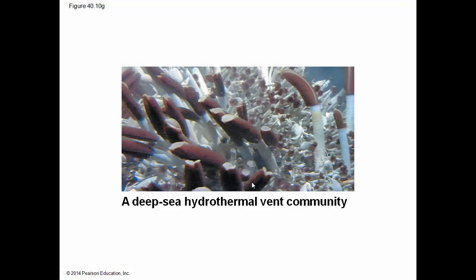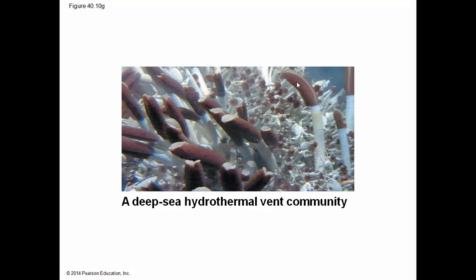And these tube worms are based on a bacteria that's a chemoautotrophic prokaryote, and it's able to produce its own energy through degrading hydrogen sulfide.